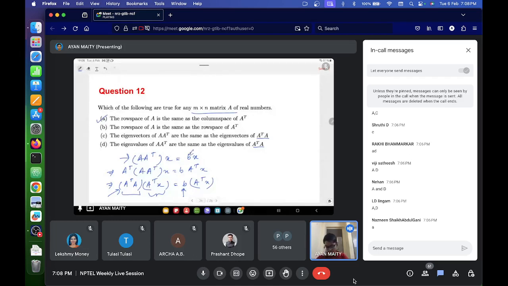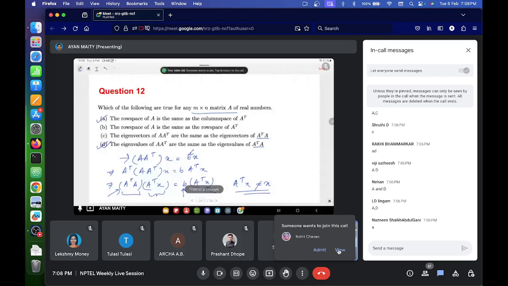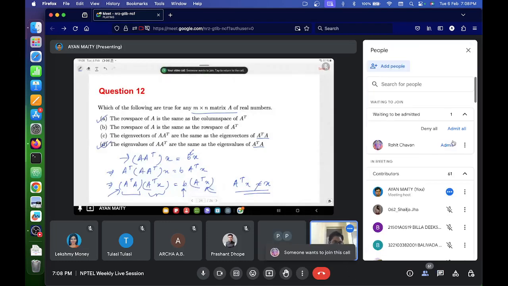B is the eigenvalue for both A transpose A and A transpose. So option D would be correct. A transpose A might not be the same as X. So that's why eigenvectors might not be the same. But B is obviously present in both the cases for A transpose and A transpose A.